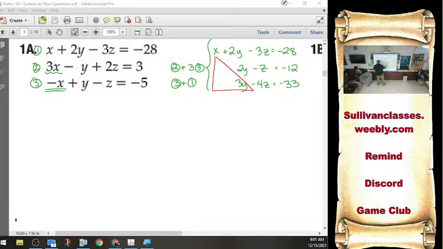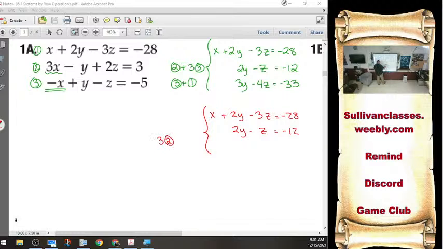So you have a choice. How good is your mental math? Can you do 3 times equation 2 minus 2 times equation 3? Can you do that? That's a lot of steps to keep track of in your head.